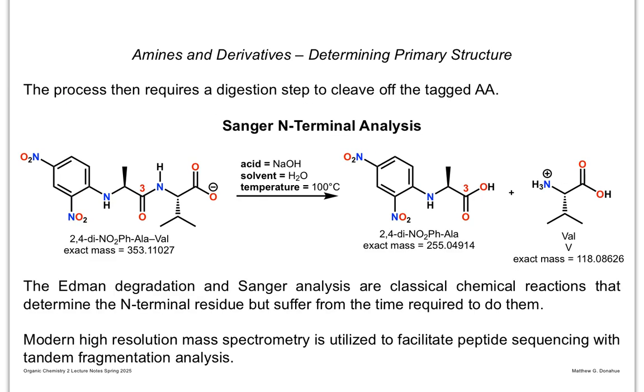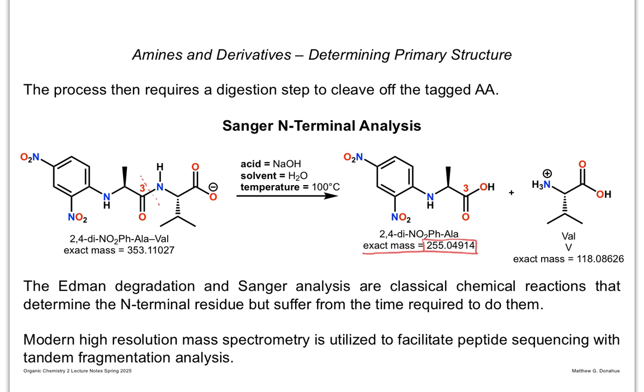So if you want to cleave off and find out exactly which amino acid was tagged, you have to do that hydrolysis. You can do that under basic conditions. Again, we're going to cleave that bond. We find out that the alanine was tagged, and when it's tagged with that reagent, it has that exact mass.